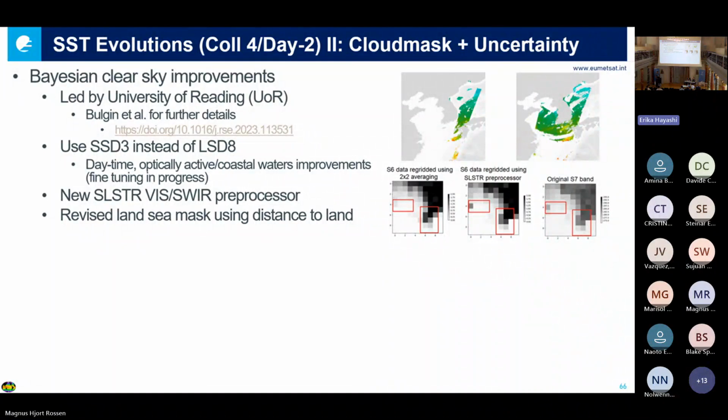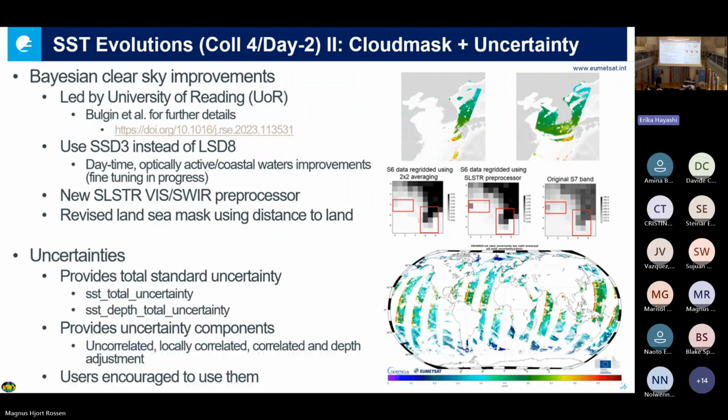So this is improving significantly over the optically active coastal waters, and we are still doing some fine-tune improvements for the nadir view only. But this required improvement in the preprocessor, so for the visible and short-wave infrared channels, and also for the land CMask using distance to land.